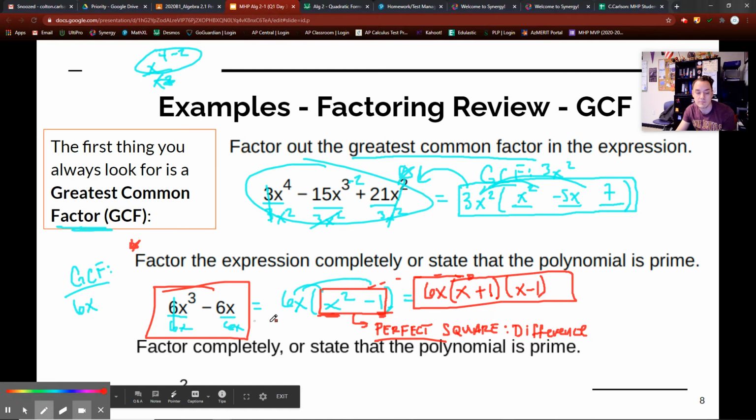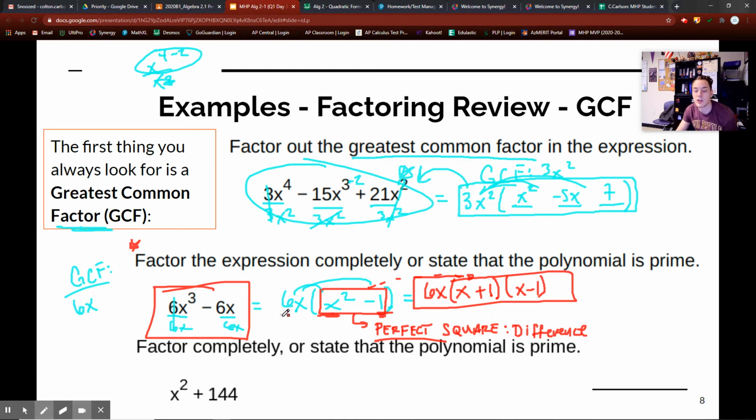Let's go through it. I didn't know if I wanted to go through this one or not, but it says factor completely or state that the polynomial is prime. Now, what does that mean? A prime number is a number that has no other factors besides itself and 1. So 17, 19, 11 are prime numbers, because those numbers don't have anything multiplied together to give me that number.